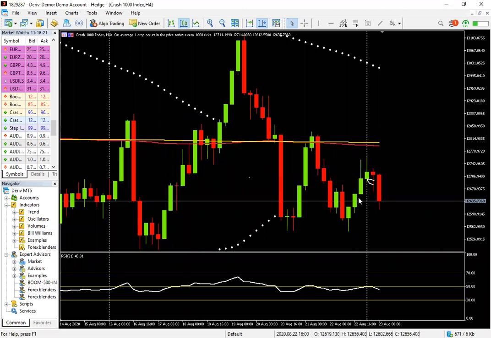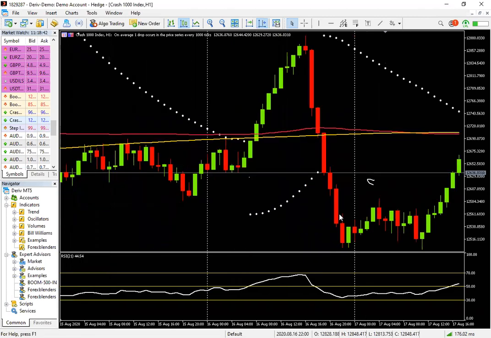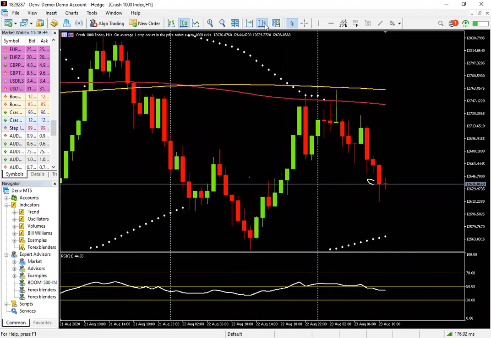On the 4 hours chart on Crash 1000, you can see a very strong bearish candle here. These are 4 hours candles. So the market is likely to still continue going back down, but we are not sure. So we go to 1 hour, see what 1 hour is giving us.